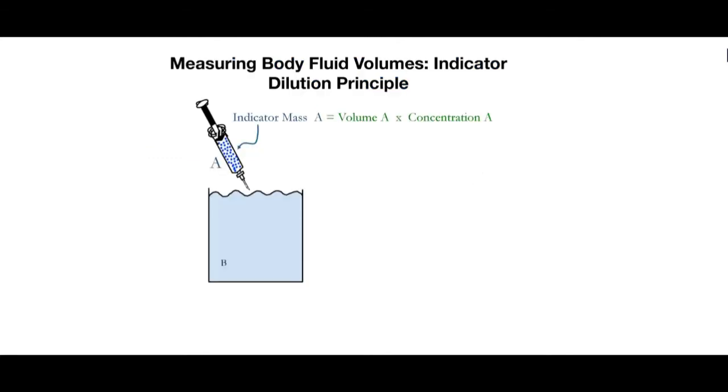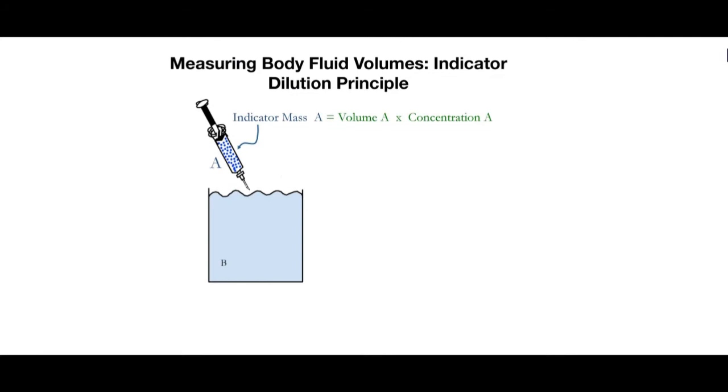All right, so how are we going to measure this? Conservation of mass. Way back to just standard mass over volume gives you your concentration. That's the principle we're using to figure out how much body water you have in each compartment. We're going to take some kind of indicator, and we'll have a set concentration of that indicator in a syringe. There will be a certain volume of that indicator, which means you can calculate the mass.